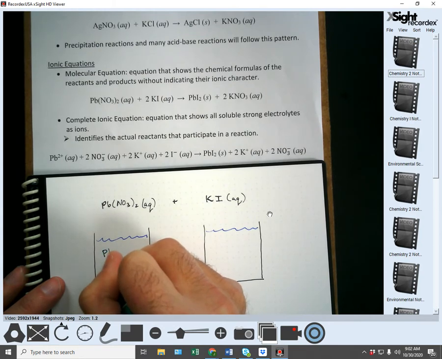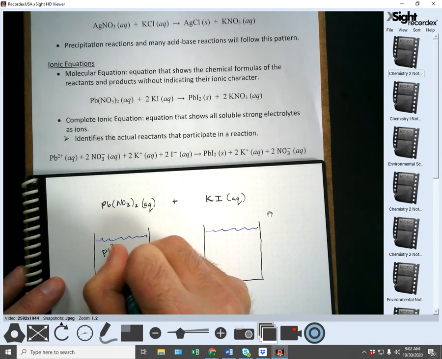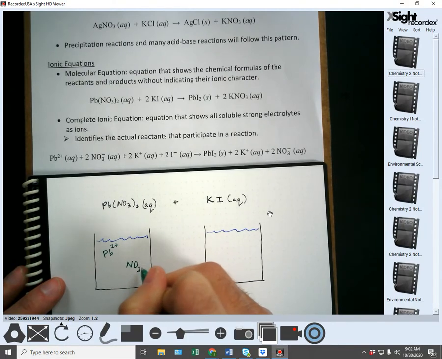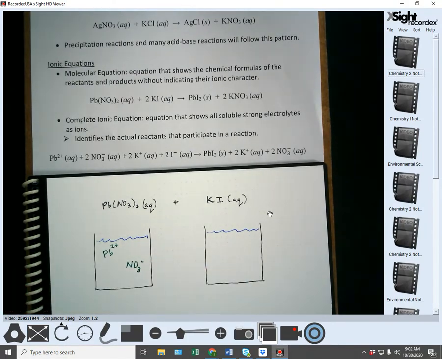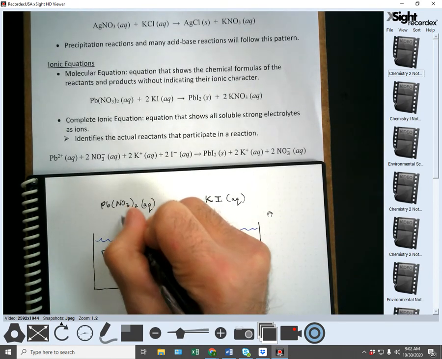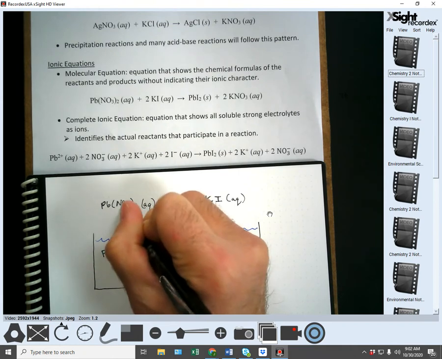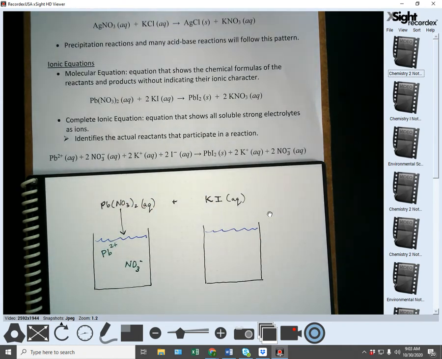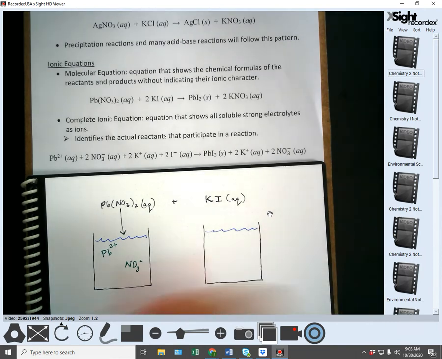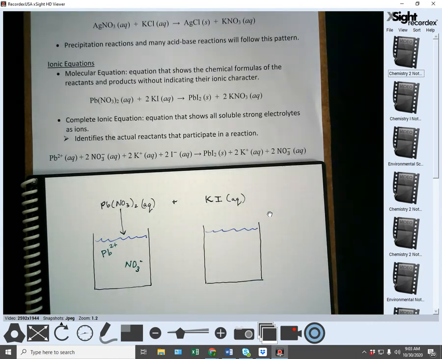So Pb 2 plus and NO3 negative 1. So this, when it goes in, is going to split up into the ions. And the same thing is going to happen with the KI. Right? So the KI, let's see, what color can I use for it?